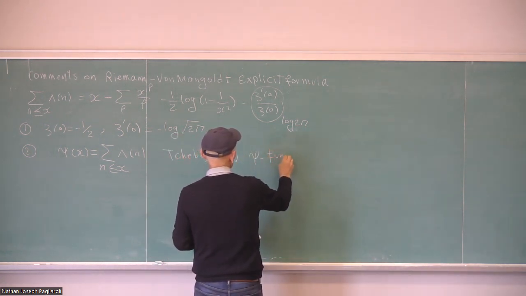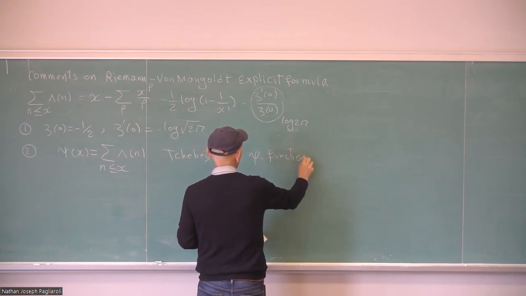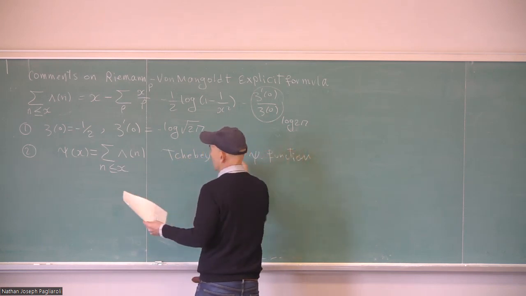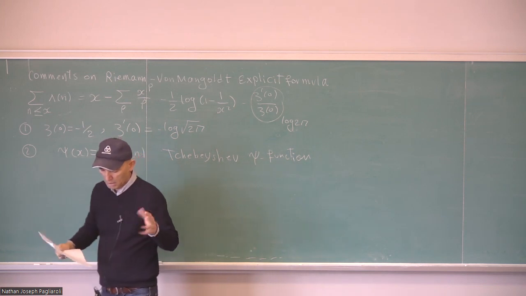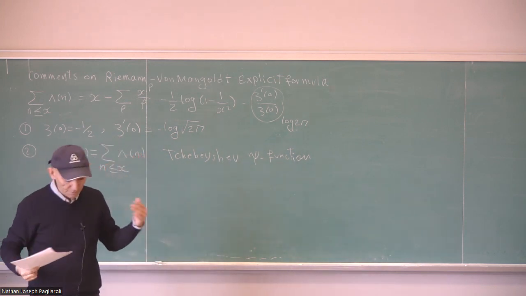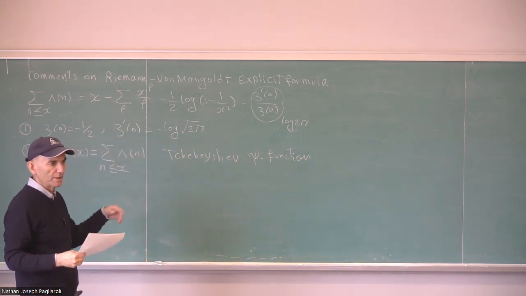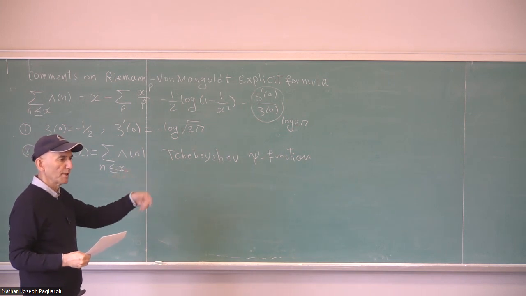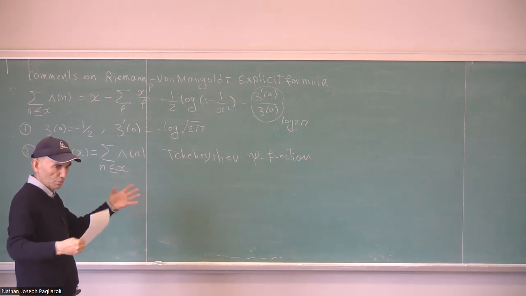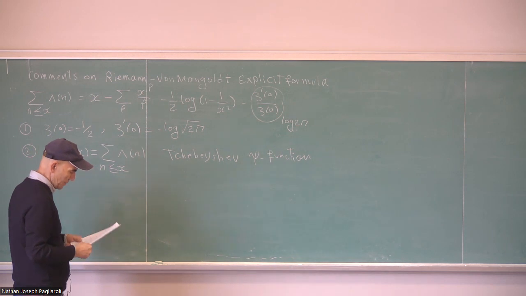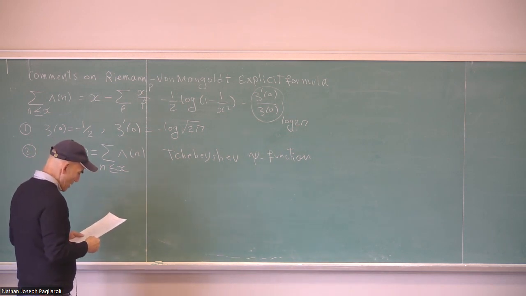Chebyshev proved a weak form of the prime number theorem, a kind of estimate, an inequality. He put pi of x between two limits. He didn't prove that it is asymptotic to x over log x. He said that it's between two things which are related to that.